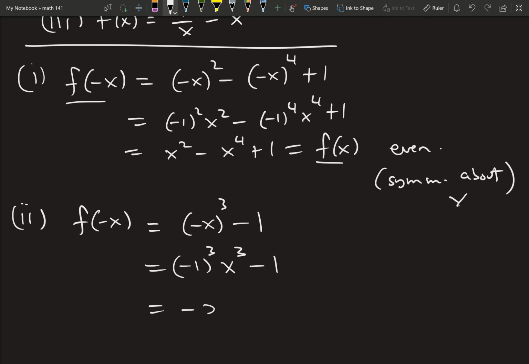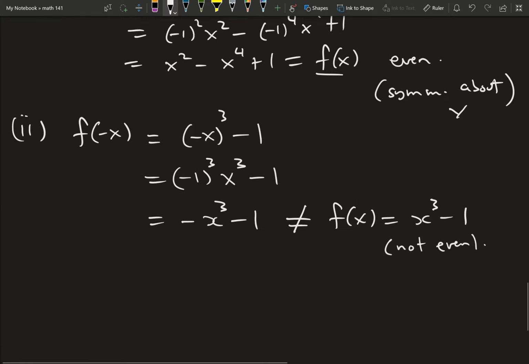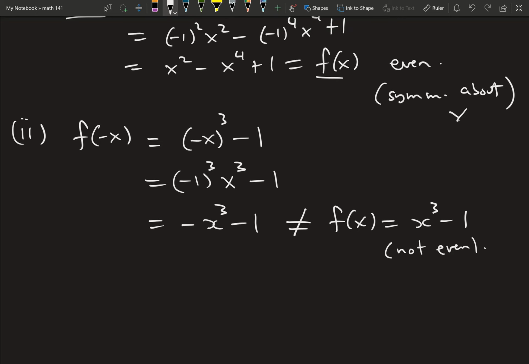This is negative x cubed minus 1. Now notice that's not the same as the original f of x, right? Because the original was positive x cubed minus 1. So for starters, this is definitely not even, because f of negative x is not the same as f of x.